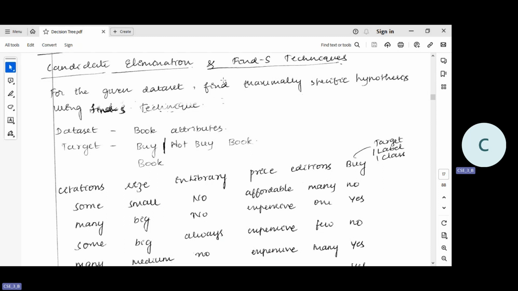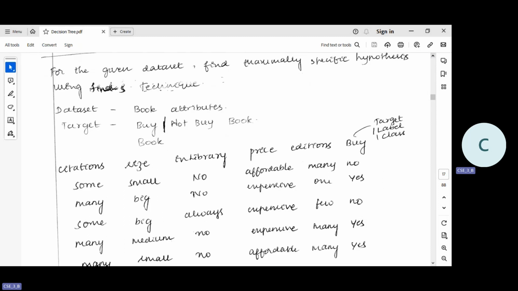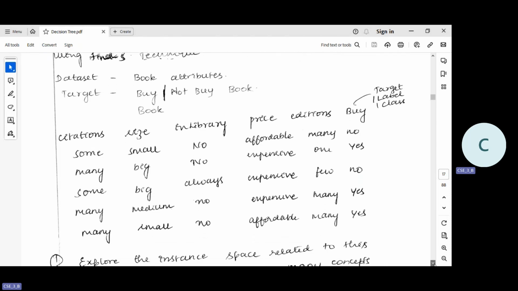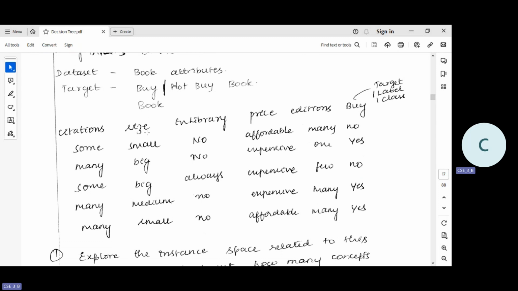For the given data set, find the maximally specific hypothesis using the Find-S technique. Here the data set is related to book buying. It represents the book attributes, and the target is to buy or not buy the book. The attributes include citations, size, in library, price, editions, and buy. The citation values are some and many, and size comprises small, big and medium.